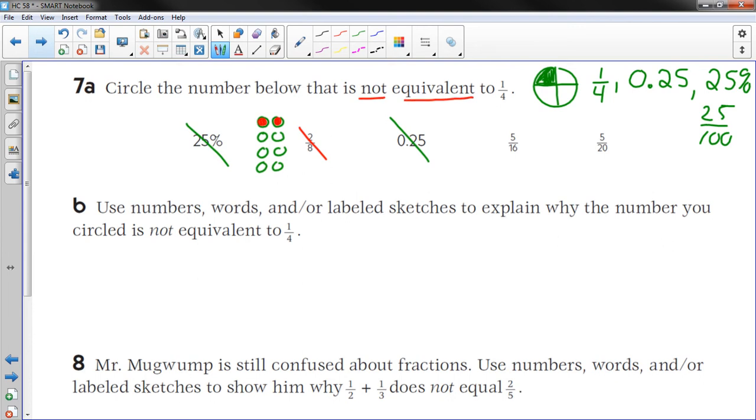Now I'm left with these 2 fractions here, 5/16 and 5/20. Well, 16 things would be, I'll just do a 4x4 real quick, and 5 of them. That is not looking like a 1/4. Do my 5/20 real quick.